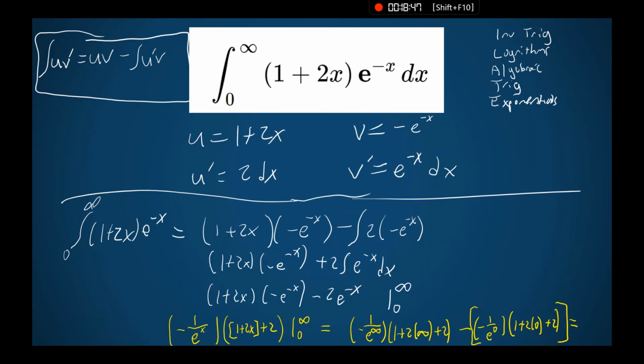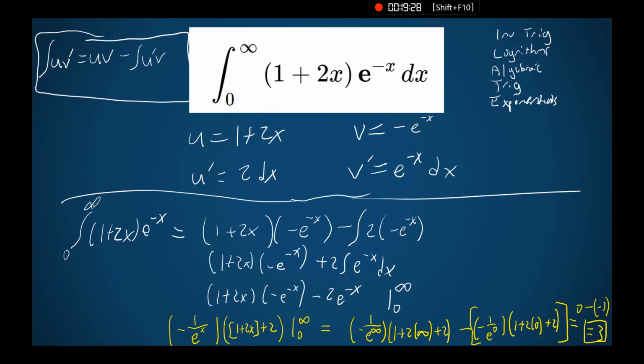So we said this one is 0 for my upper bound, minus, what is 1 over e to the 0 power? 1. Negative 1. Yep, so this is negative, because I got that negative sign here, so this would be negative 1 times 1 plus 2 is 3. So this is negative 3, and I've got a negative on the outside, so negative negative 3 is positive 3.